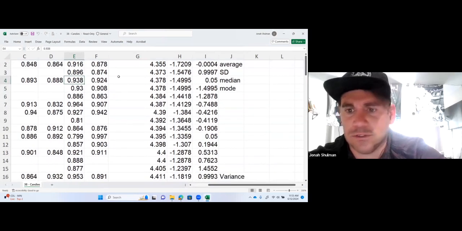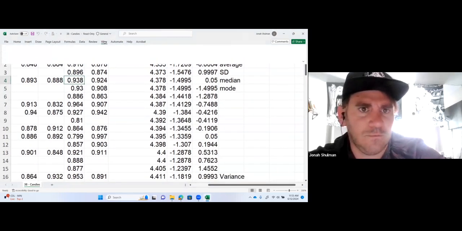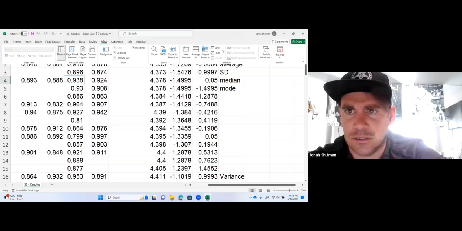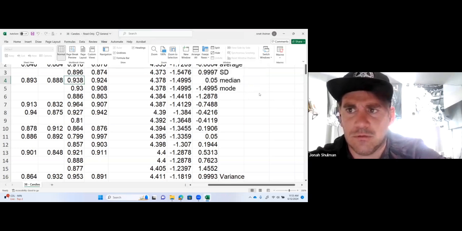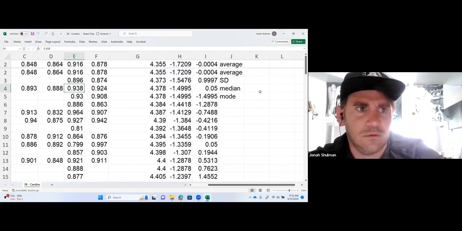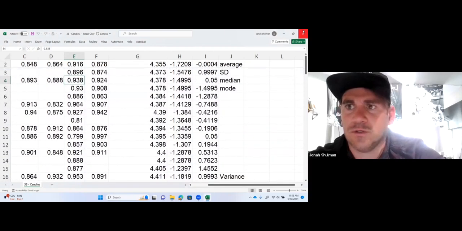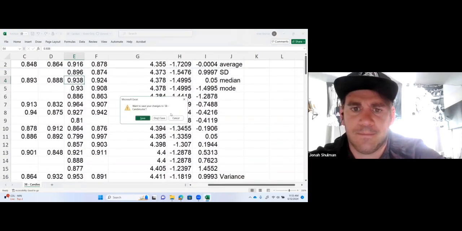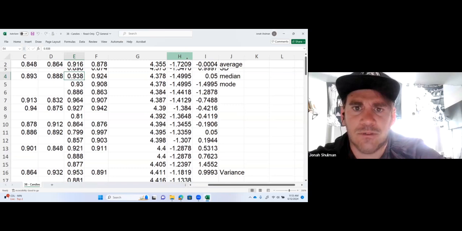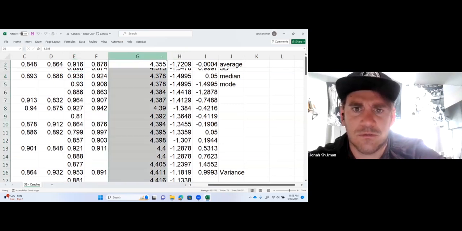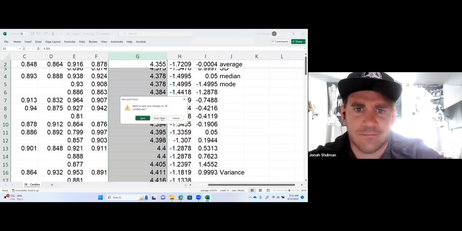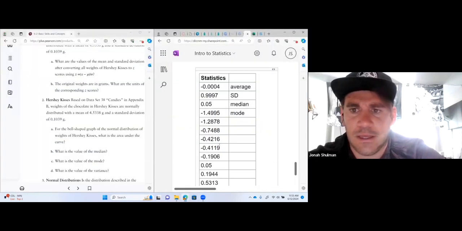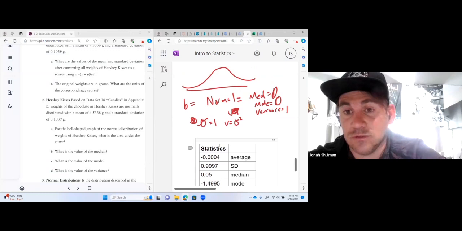I lost the first line somehow. I think for some reason it's hiding it. Let's freeze the top row. So I would just basically use this column and do mean, median, mode for these. I don't really know what happened to it, but it happens. So I would just do it again for the other ones.